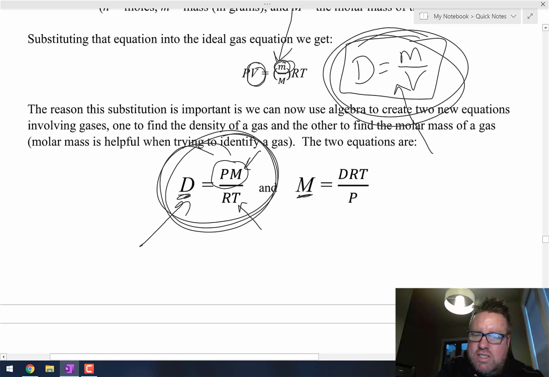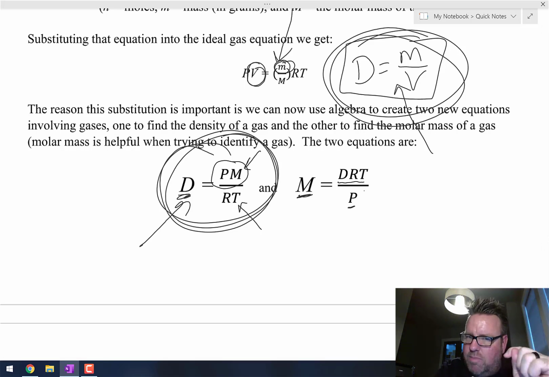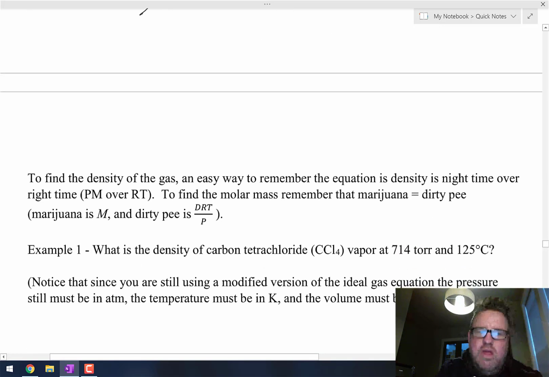And if you get drug tested, you might have, and again, kind of silly, dirty, DRT, P. Okay, which means your P is going to be dirty. So marijuana equals dirty P. So just a couple of silly ways to remember nighttime over right time, and that marijuana equals dirty P, to kind of help you remember those two equations.